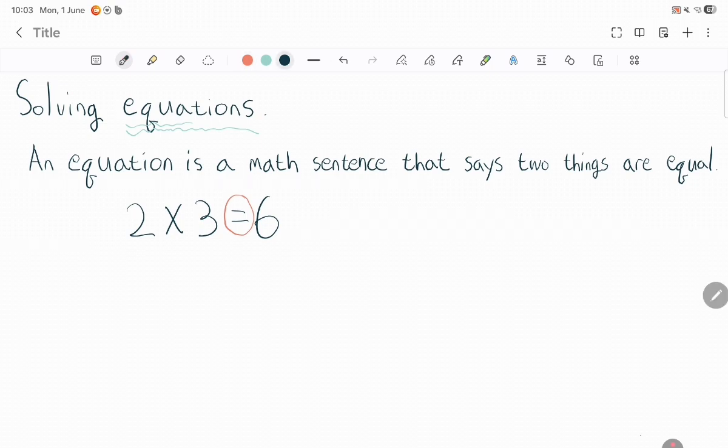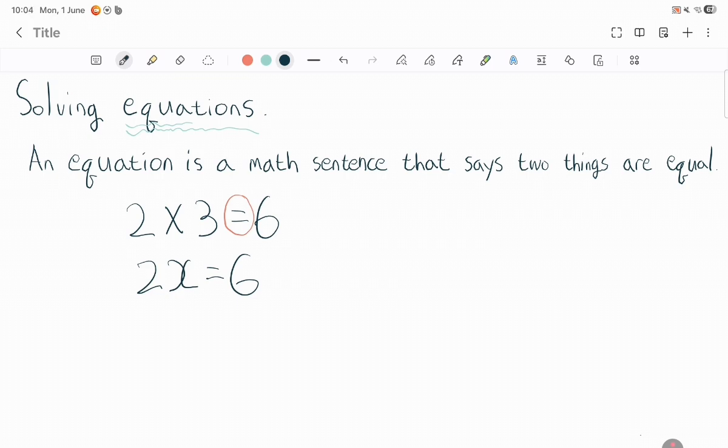But in algebra, we are going to come across a lot of variables in an equation. So what we are going to do is solve those equations. Let's say this equation with a variable: 2x equals 6. Usually it's pretty obvious in this case because we wrote down 2 times 3 equals 6 right above it.